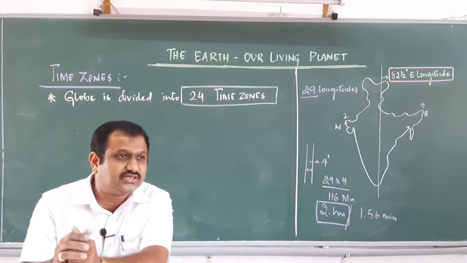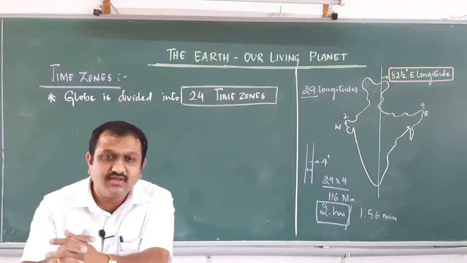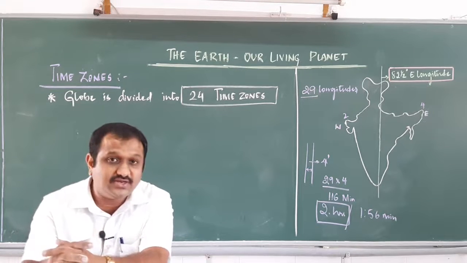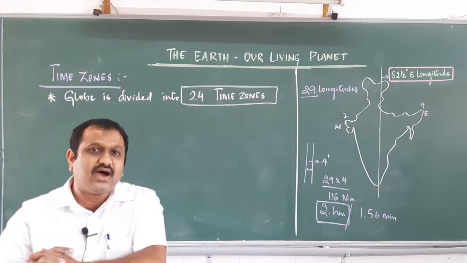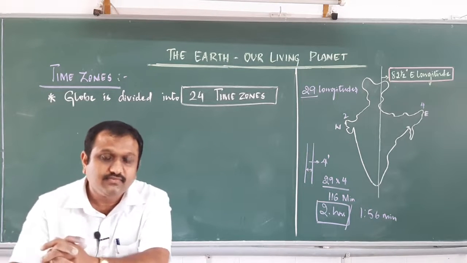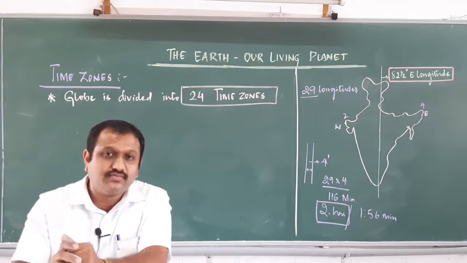There are some countries like Russia. Geographically, Russia is very big. United States of America, China, our neighboring country, all these nations are very big in their geographical boundary. So they cannot follow one time zone.